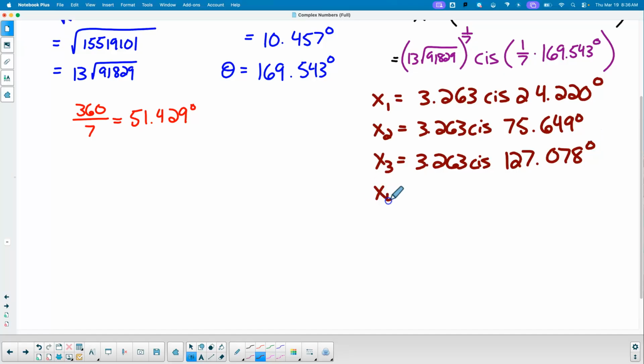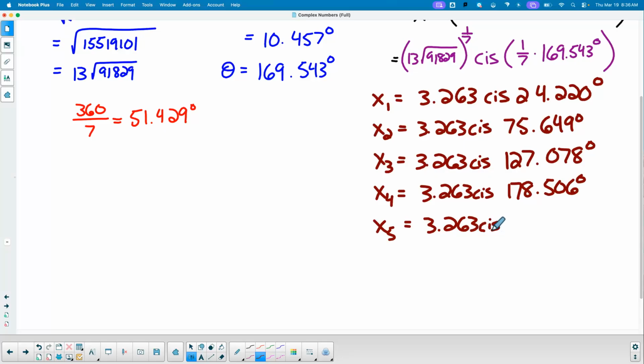My fourth one, 3.263 cosine i sine of 178.506 degrees. My fifth one, 3.263 cosine i sine of 229.935 degrees.